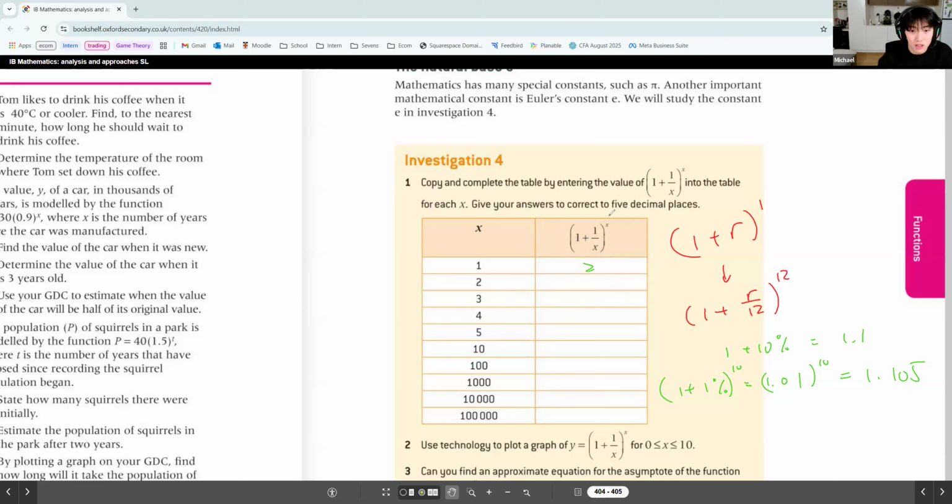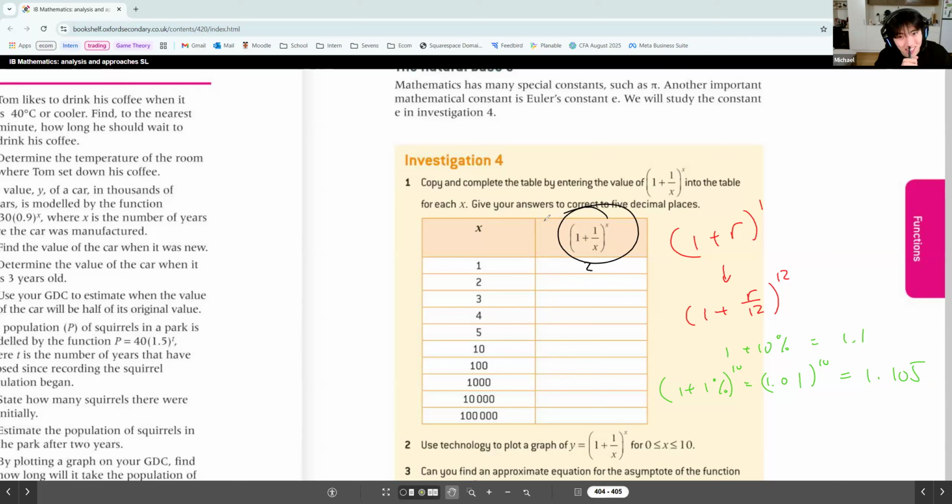But what if we're compounding once? So we're having, yeah, what is the second line? But this time we're compounding. You can just look at this formula.